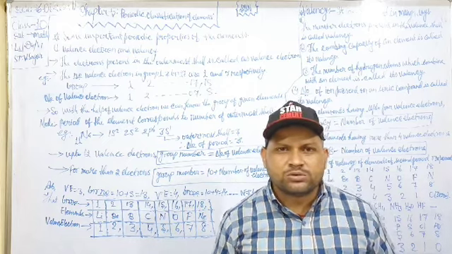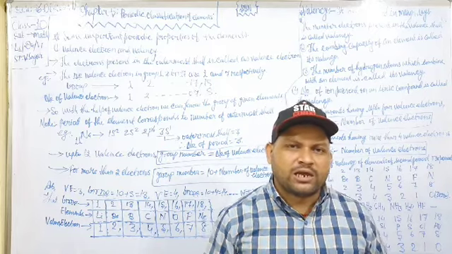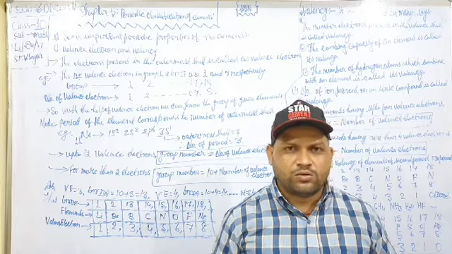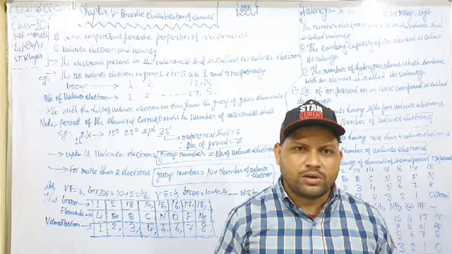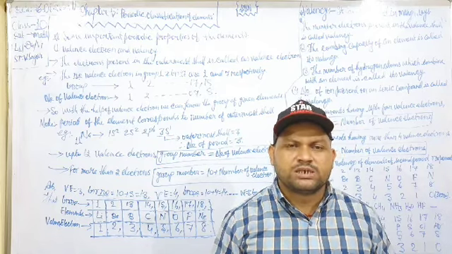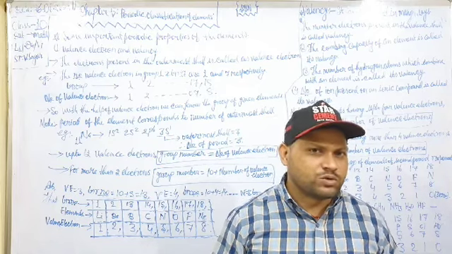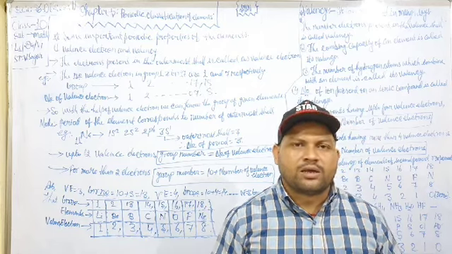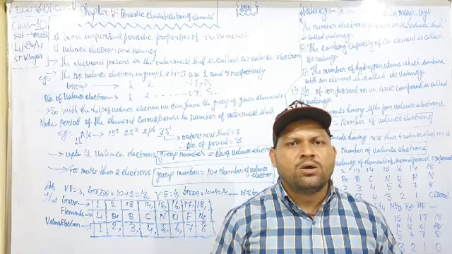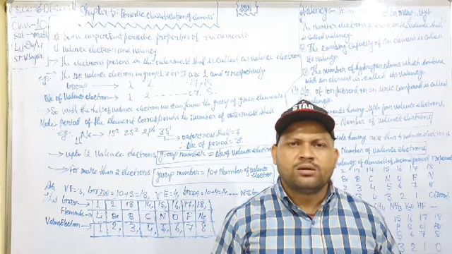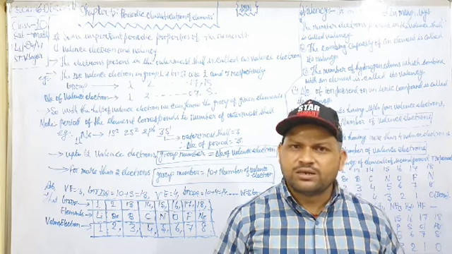Why? Because when we write the electronic configuration, we see that the number of electrons present in the outermost shell is 1 and 2 respectively. That's why the valence electrons of sodium and calcium are 1 and 2.